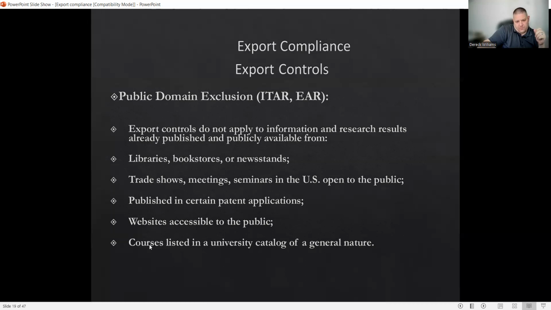Now, the people who are putting these things together have a requirement to make sure that they're not including ITAR and EAR, but once it's been entered into the public domain, if somebody said, hey, what are you doing? And you say, look, I bought that at the library. Now you're not going to be held responsible for sharing something that you got out of the library.